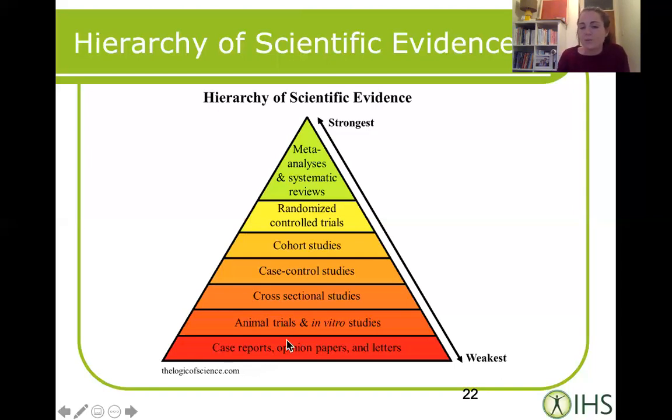Then we have things called animal trials and in vitro studies. Animal trials are where we're using animals to do experiments. In vitro is where we're looking at test tubes.